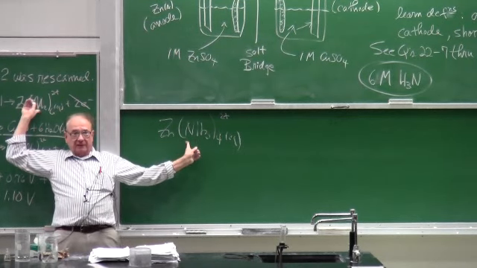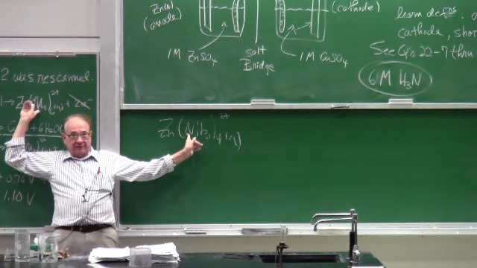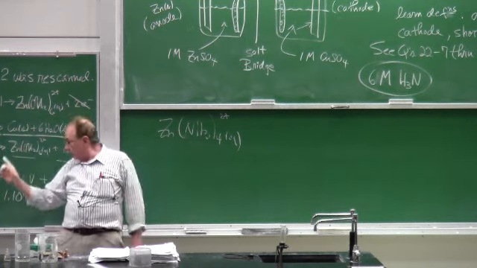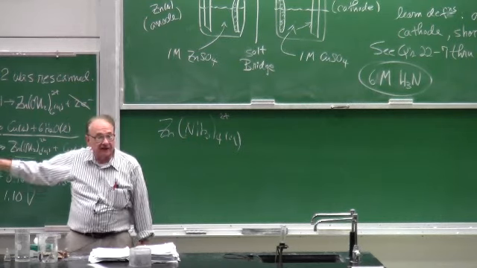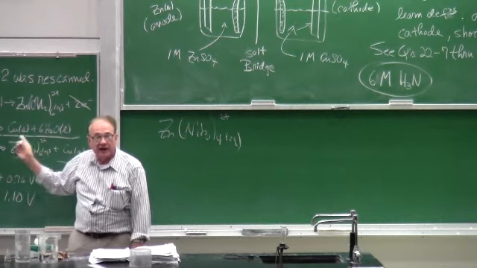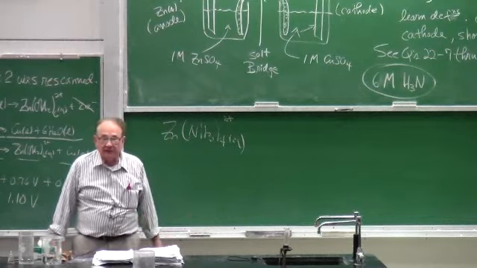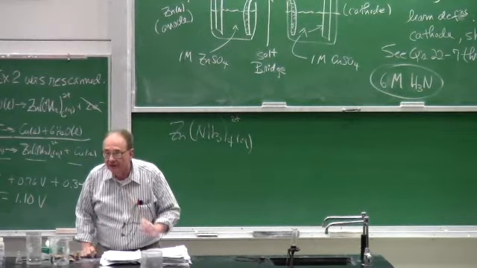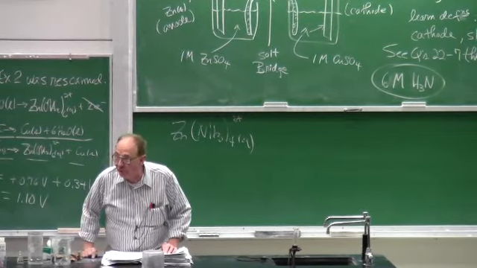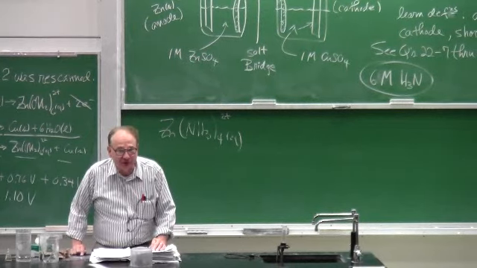Which one is more stable? This stuff. And what happens to the E0 value? 0.76 when I'm oxidizing zinc to hydrated zinc ion. When I oxidize zinc to the ammonia complex, what's the value? 1.04. I gave it a pretty good boost in E0.